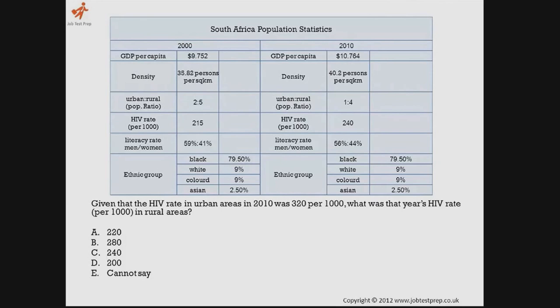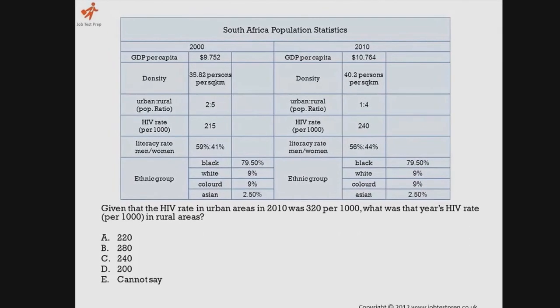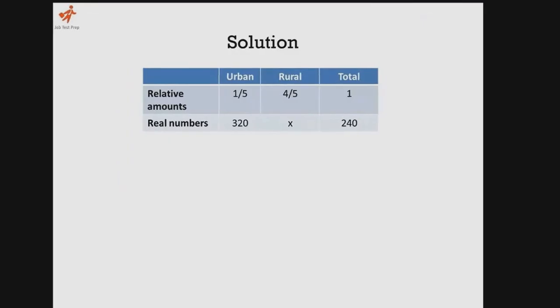We see from the chart that the total rate of HIV in 2010 is 240 per thousand, or 24%. The question tells us that the rate of HIV in urban areas is greater than 240. Looking at the urban to rural ratio in the table, we can immediately infer that the rate of HIV in rural areas must be less than 240 in order to make up an average of 240. This leaves us two options, A and D.